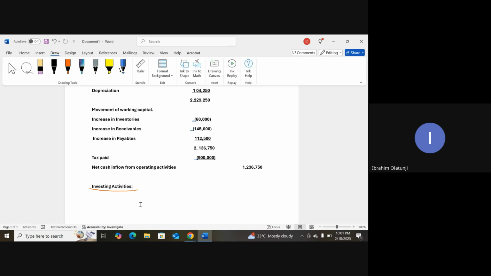Probably you invest your money in GTB, and GTB promises you'll be collecting interest for the deposit that you made. It means that maybe you fix your money so that you can get interest. Then it means that you invest your money as well. Then the interest received will also form part of your investing activities. Is it clear?